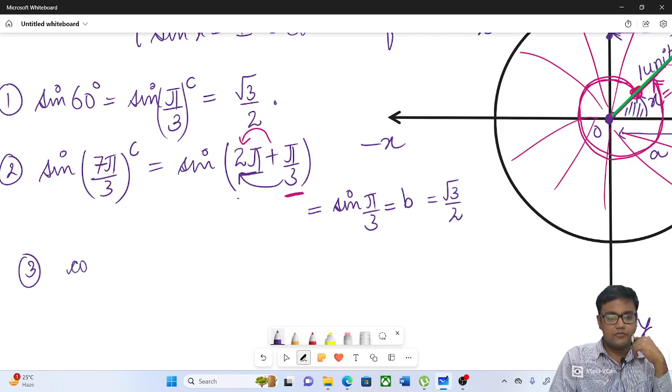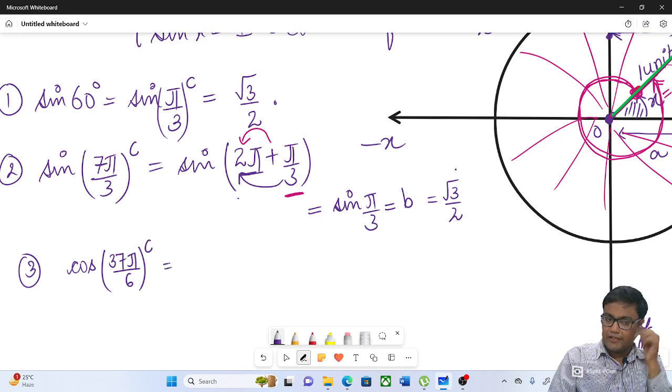Let us take a cos and see what difference it makes. 37 pi by 6 radians. Now try to understand, children. Let us try to break this improper fraction down again.